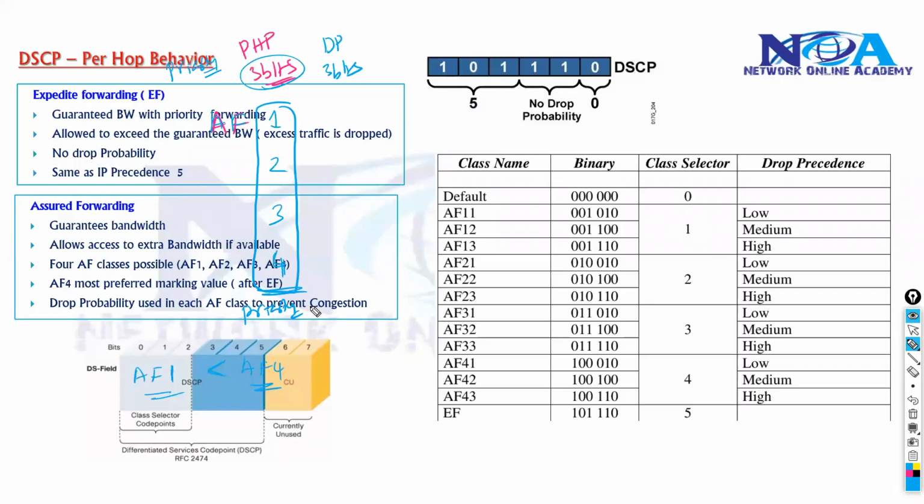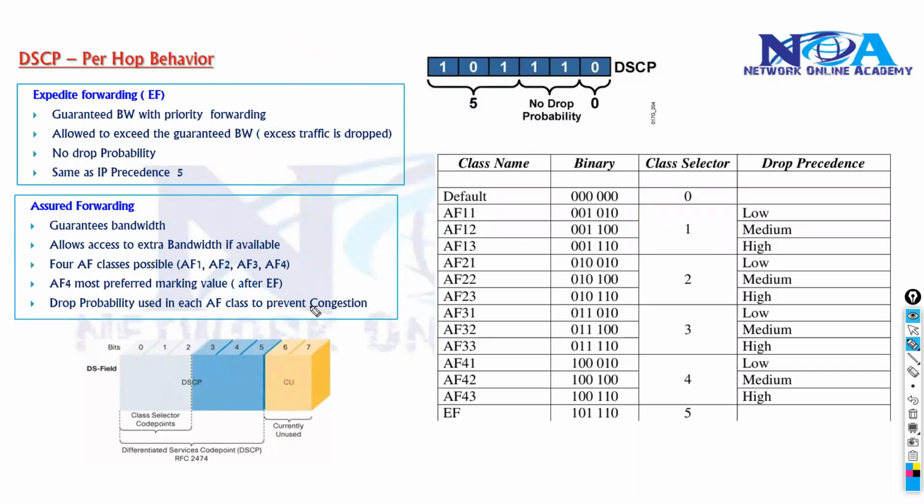In our case as well, if we try to see here, these are the AF values. You can see these are binary values. Of course, this is AF1, and then we have AF2, AF3, and AF4. So there are 4 possible numbers, just like we have in IP precedence, where we have 0, 1, 2, 3, 4, 5.